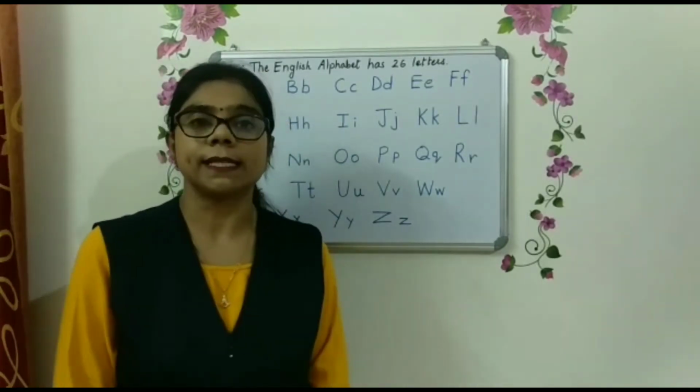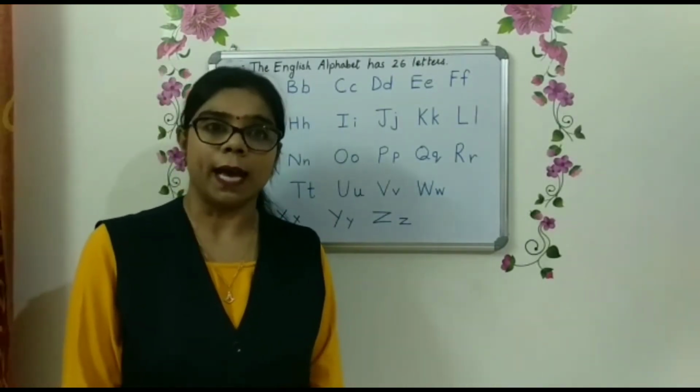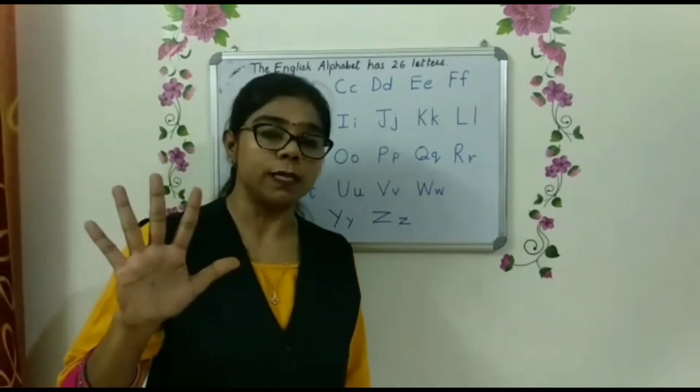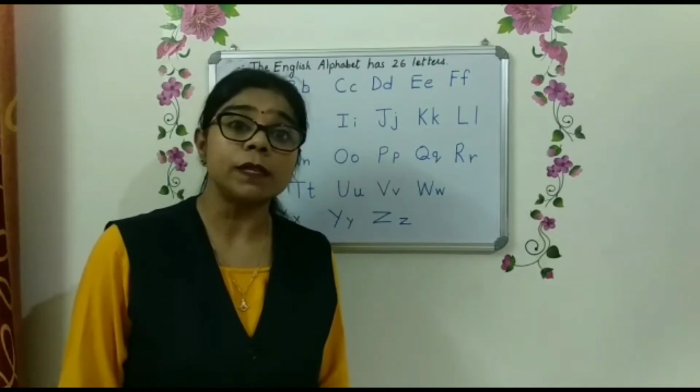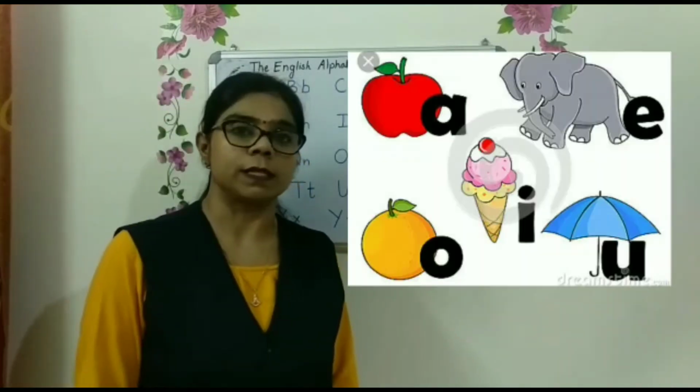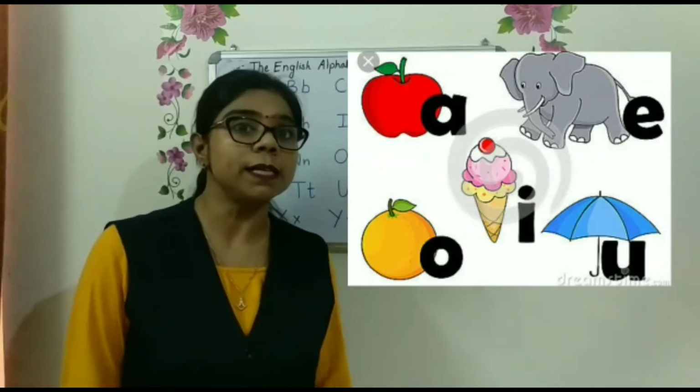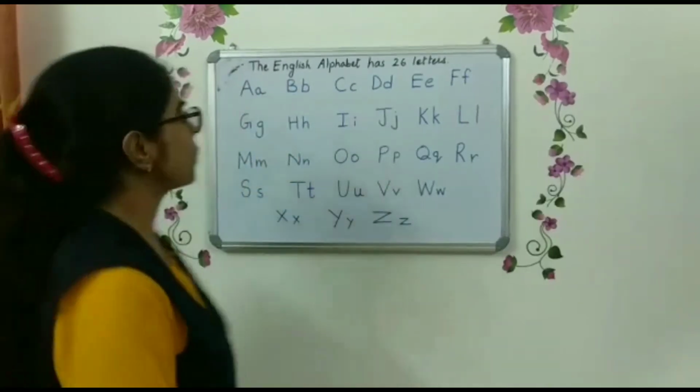In these 26 letters, we have 5 vowels and 21 consonants. How many vowels are there? 5 vowels. What are these vowels? Let's see.